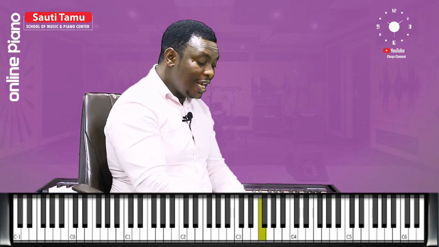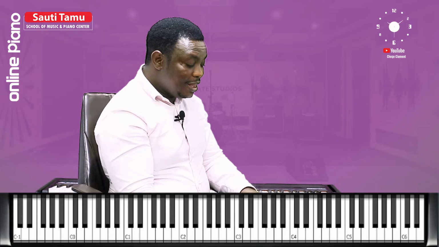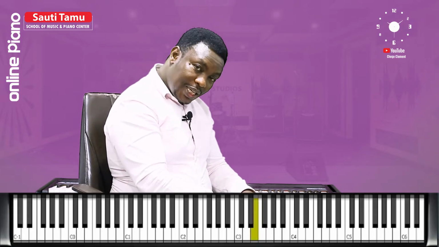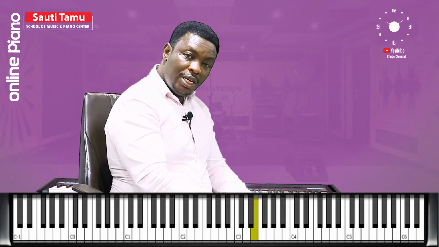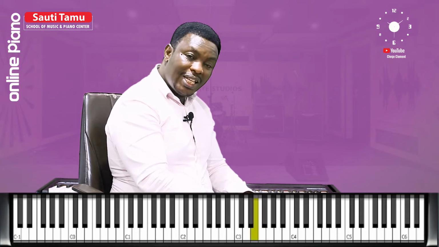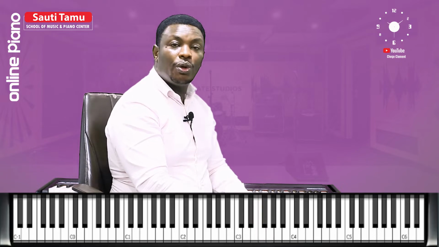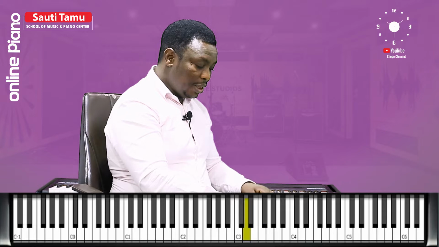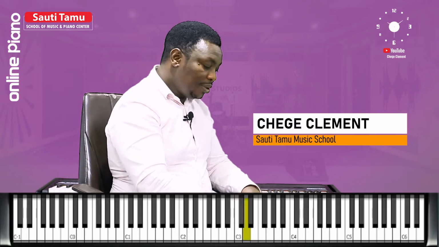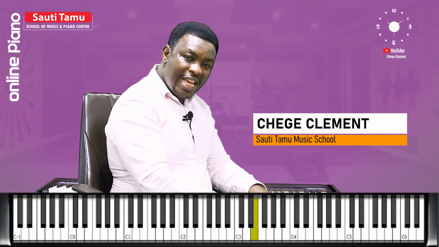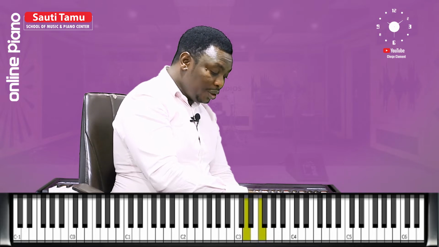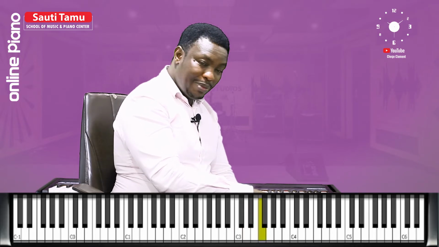And this is the case here, because from E to F, the neighboring notes, the distance is a half step. So this one already applies. So we have C first, D second, E third, and F fourth. Remember, this is tone, tone, semitone.